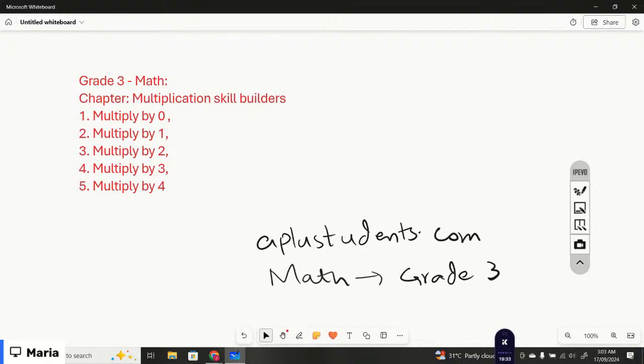And the lessons we're going to cover today are multiply by 0, multiply by 1, multiply by 2, multiply by 3, and multiply by 4.